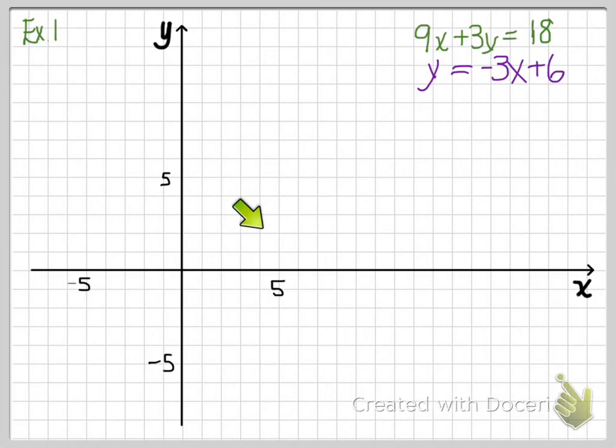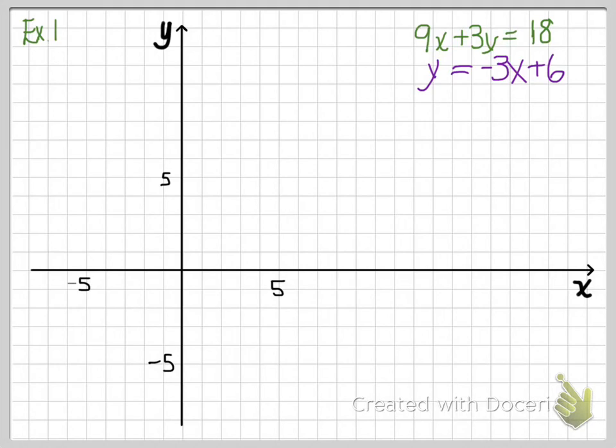So using intercepts, I'm going to find the x-intercept here where the equation crosses the x-axis. I would put in 0 for y and then solve for x. So if we put in 0 for y, that term goes away, and I see I have 9x equals 18. Divide through by 9 and I get x equals 2.